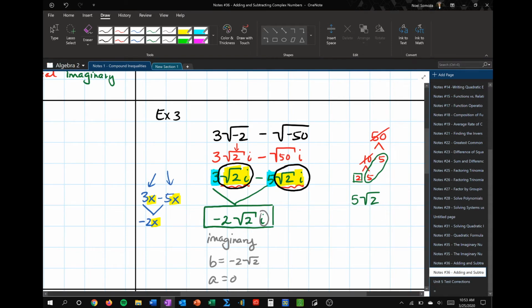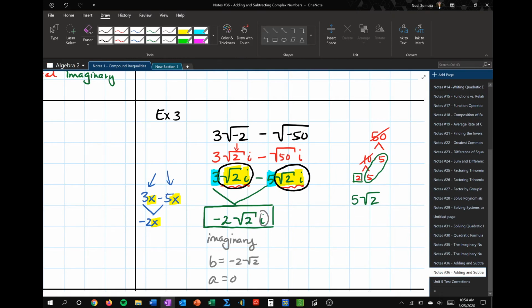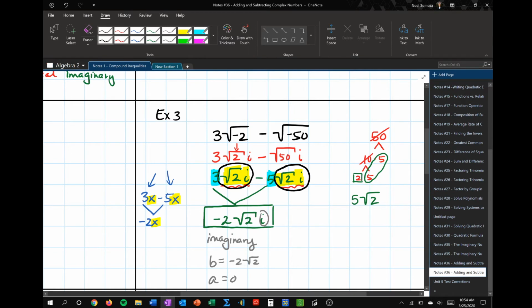That means you can combine the coefficients. So you can take 3 minus 5, and instead of having them separate, I combine them. I took 3 square root of 2i's from one group and subtracted 5 square root of 2i's from another group. Together, I get negative 2 square root of 2i.